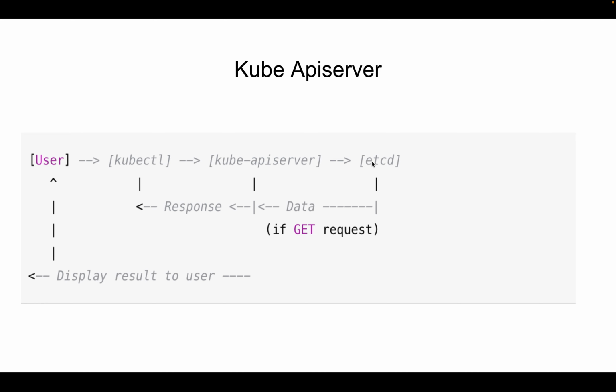This etcd stores your state, deployments, pods, anything about manifests. etcd acts as the storage. After reading, we go to the next process, and we will see the response.